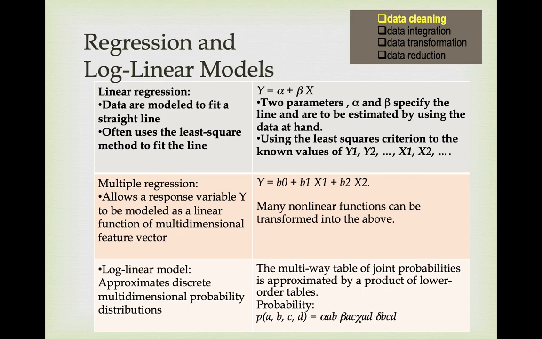Many nonlinear functions can be transformed into the above. So this is the mathematical expression, as you can see here. A log linear model approximates discrete multidimensional probability distributions. The multi-way table of joint probabilities is approximated by a product of lower order tables. So we use a probability of A, B, C, D.